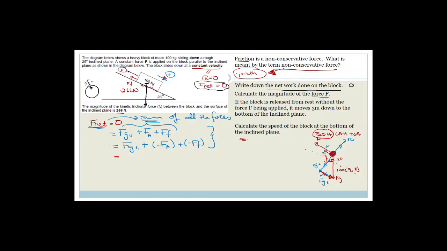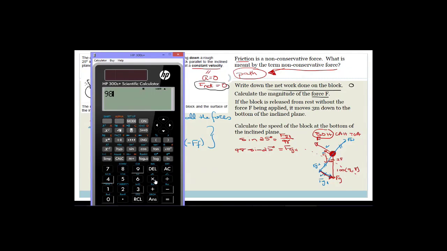So sine of 25 degrees equals FG parallel over 98. Therefore, 98 sine 25 degrees equals FG parallel. We go 98 times sine of 25, close bracket, equals, and that becomes 41.42.